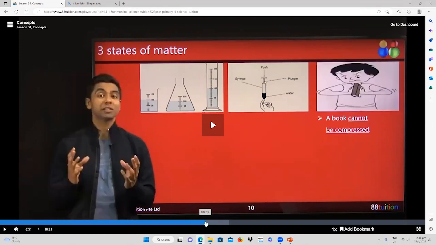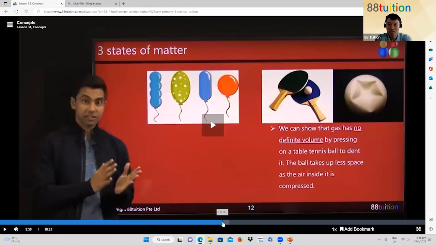Very good. Also more examples. I remember showing you a video where the teacher showed that gases take up the shape of the container they are in, and have no definite shape and no definite volume as well.